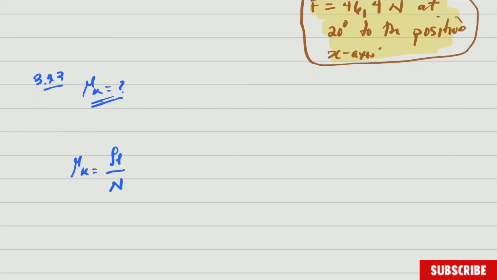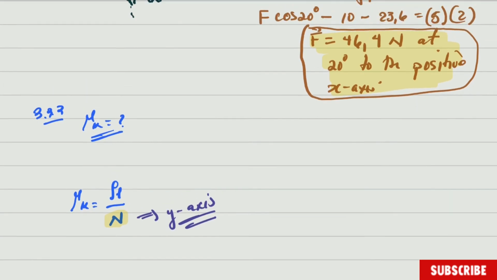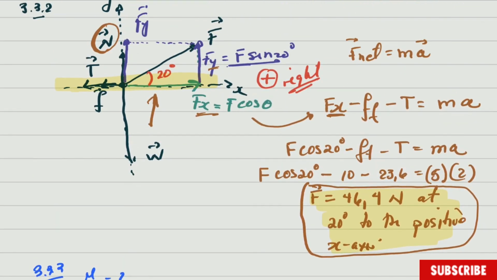Now, we do have the friction, however, we don't know the normal. How do we calculate the normal? We have to go to the y-axis. Be careful because normal does not have a formula. So you come back to this free body diagram. Normal is in the y-axis, and therefore we are going to work with the y-axis for the normal force.